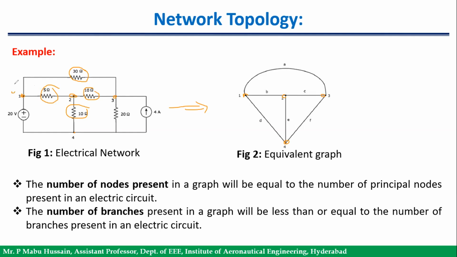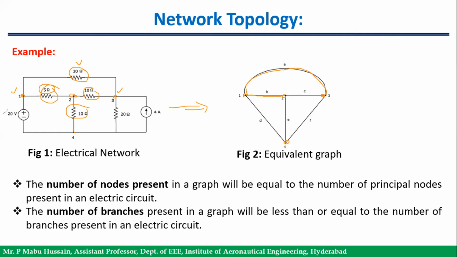Right here, between nodes 1 and 3, you have the 30 ohm resistance. This 30 ohm resistance is represented as a line segment between the same 1 and 3. Similarly, the 5 ohms resistance between nodes 1 and 2 will be represented by line segment B between the same 1 and 2 vertices. Like this, all the passive elements will be represented by line segments.